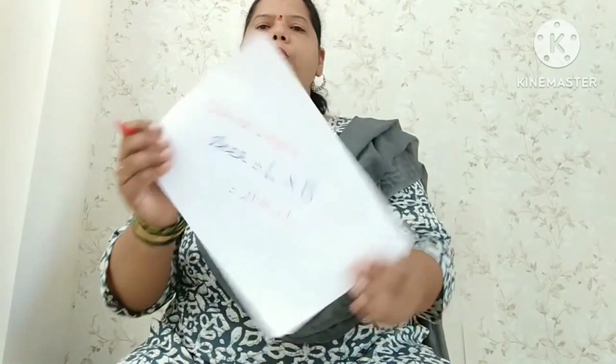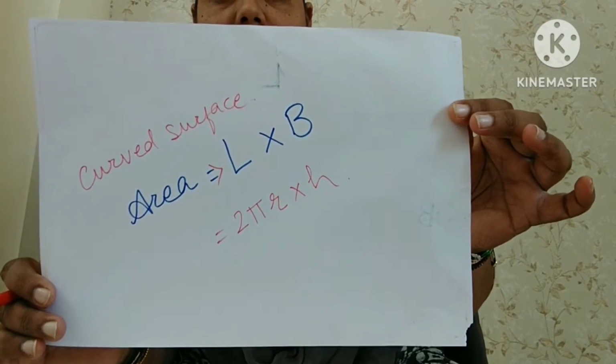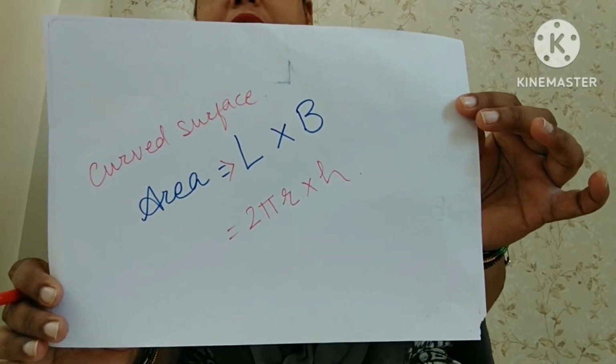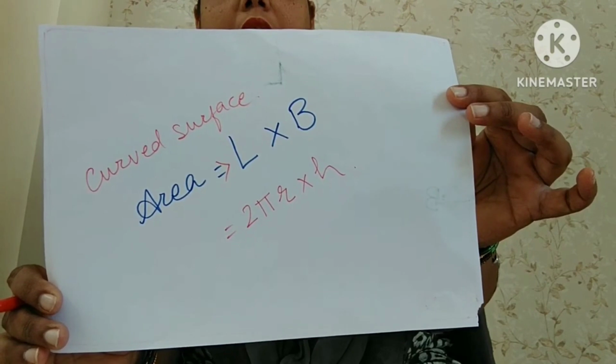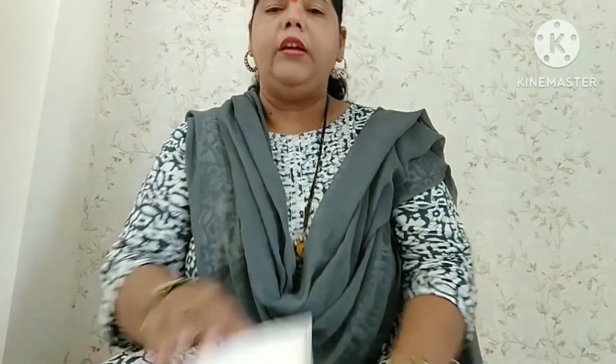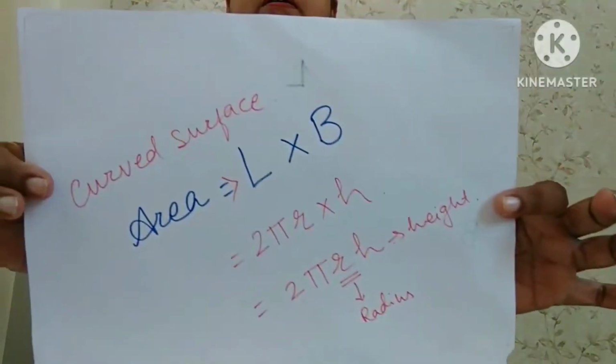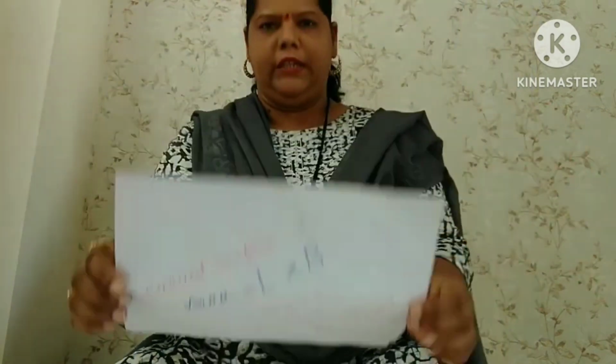So the curved surface area is 2 pi r h, where r is the radius and h is the height of the cylinder.